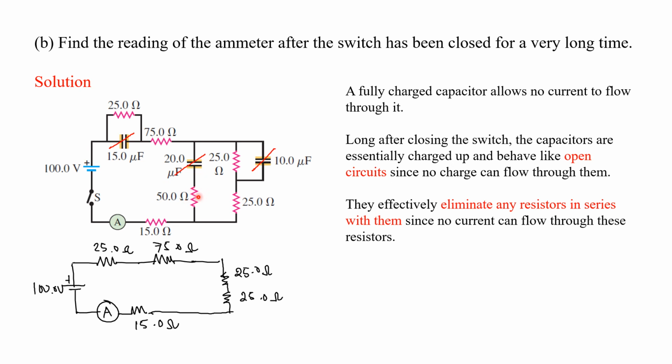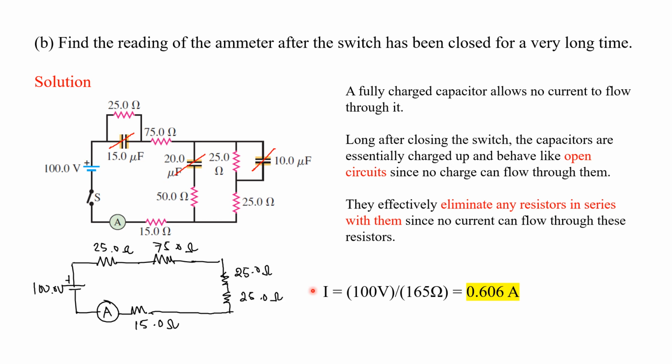We can now solve for the current I. Your current I is just equal to 100 volts divided by 165 ohms, which is just the equivalent resistance of these five resistors here. And the current reading is equal to 0.606 amperes.